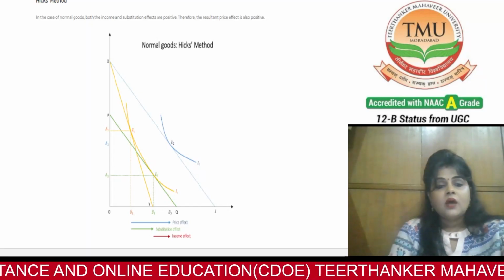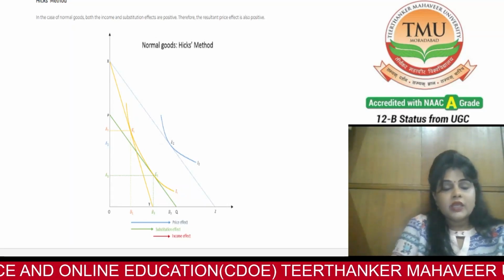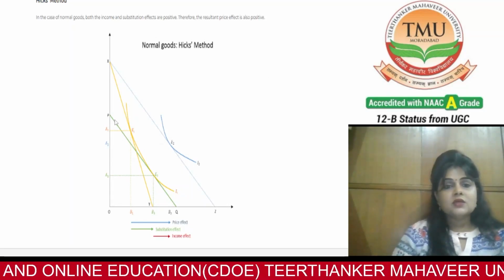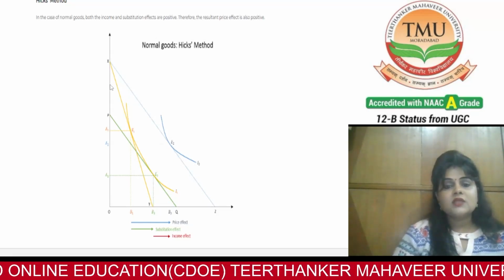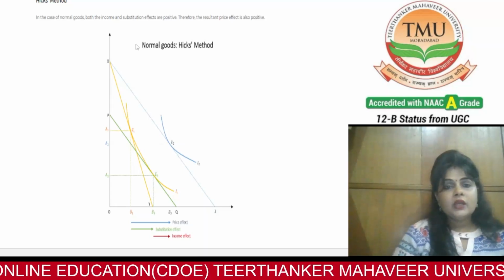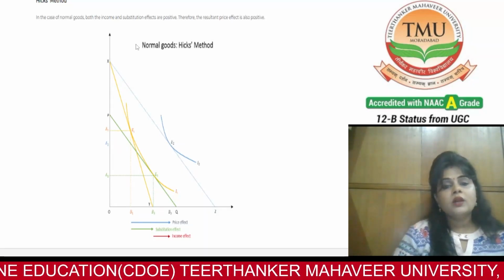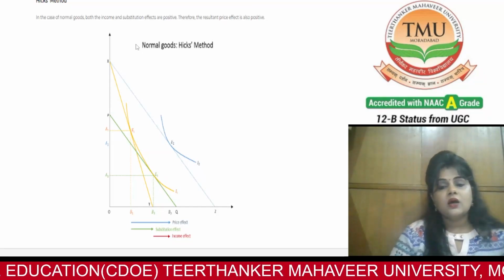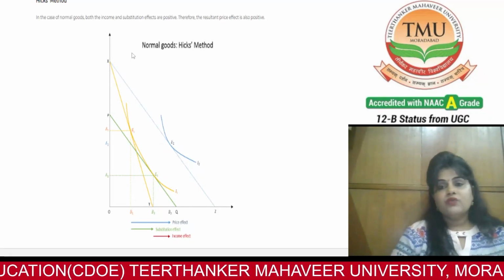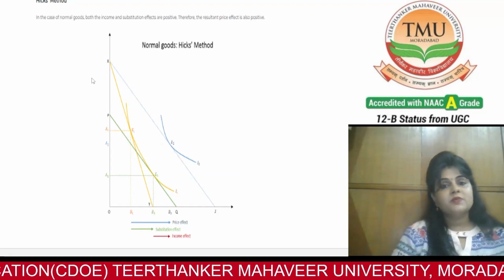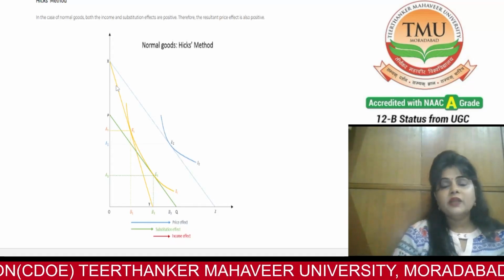When the price of the X good decreases, the consumer moves to point E2, where the new budget line is tangent to a different indifference curve, because the price of the X good has decreased.